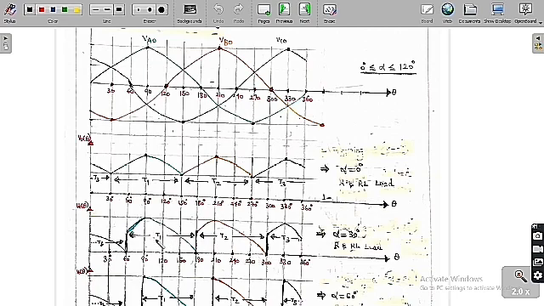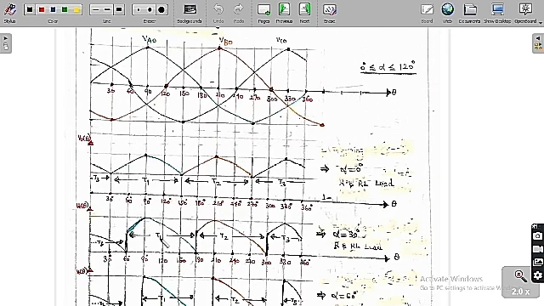So T1 is going to conduct from 60 degree to 180 degree, T2 from 180 degree to 300 degree, and T3 from 300 degree to 360 plus 60, which is 420 degree. So this is the output voltage.